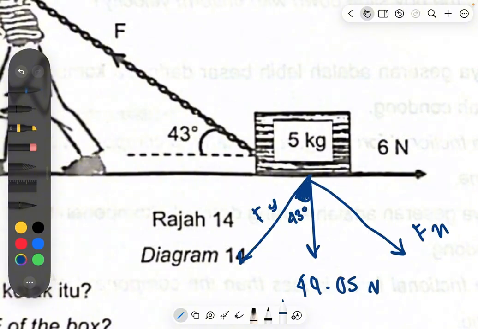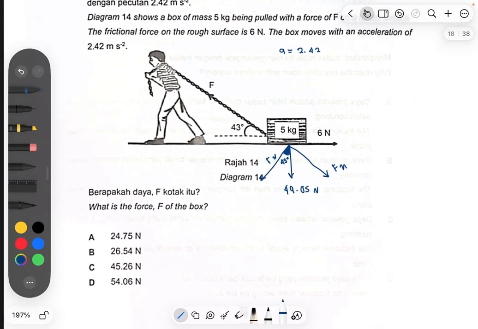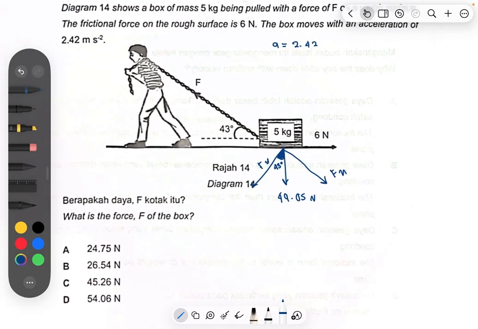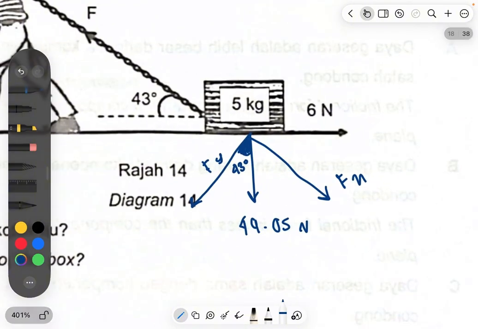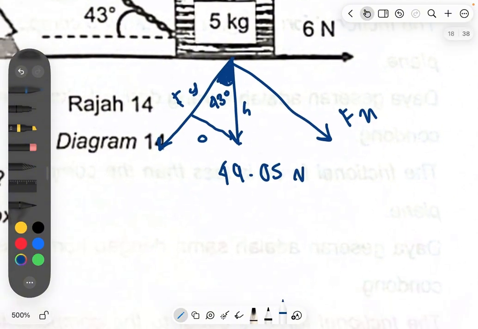So this is 43 degrees, and I'm trying to find F. So if I try to solve this, what do I get? I don't want to use this triangle, I'll use this triangle. So this is O. Okay, so I have to use sine.